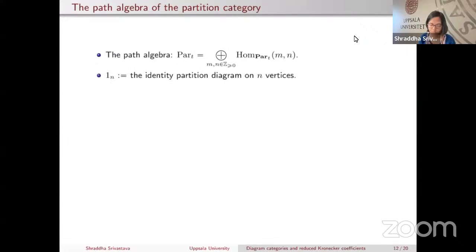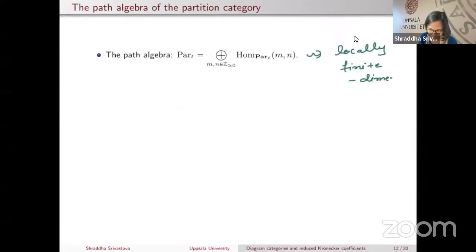We define the meaning of locally finite dimensional, but before that, we need a definition. Let us denote 1_n as the identity partition diagram on n vertices. So we have n dots on the top, n dots on the bottom, and it is just n strands. Sorry, I should have copied.